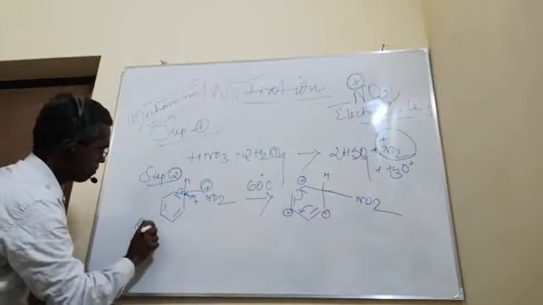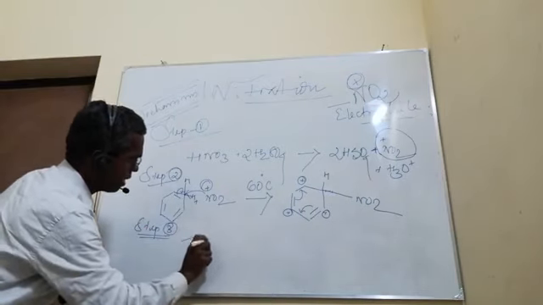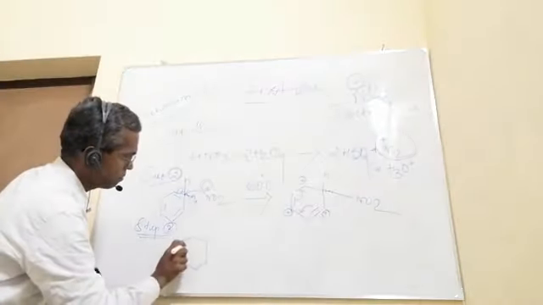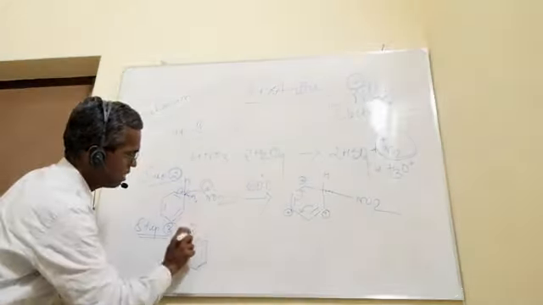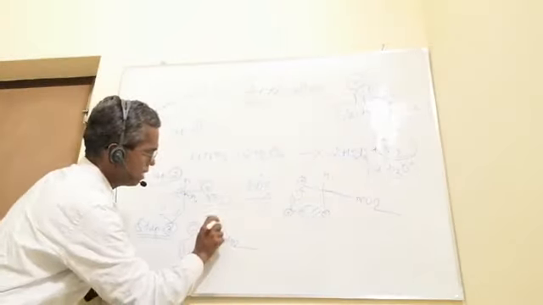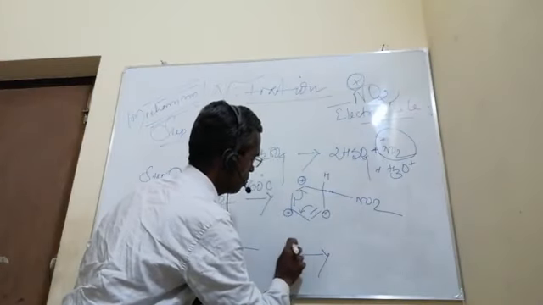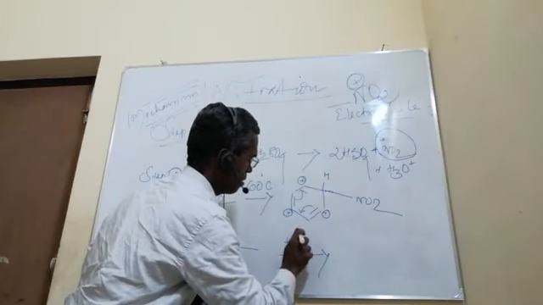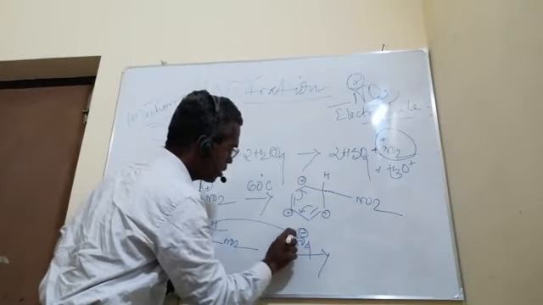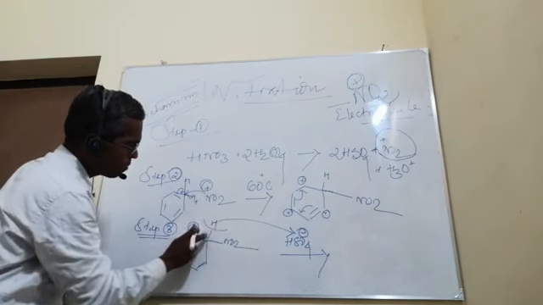Step number 3 is simple. The positive charge is there, NO2 is here, hydrogen is here. Then we have HSO4 minus in the medium. This HSO4 minus will attract the proton, leaving the bonding electron.